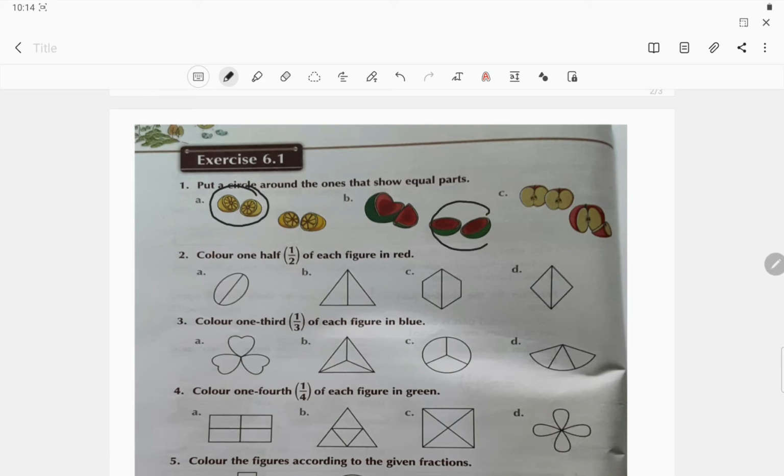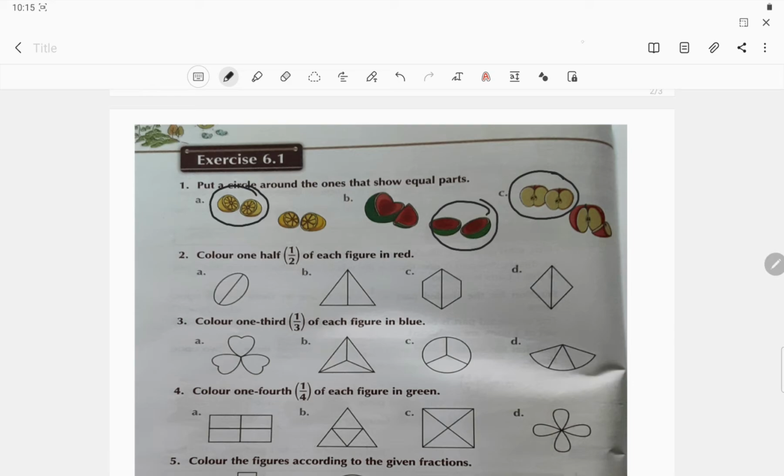Similarly this one, these 2 watermelons are equally divided, 2 equal portions. C number, those are also showing equal parts. It is divided into two equal parts.